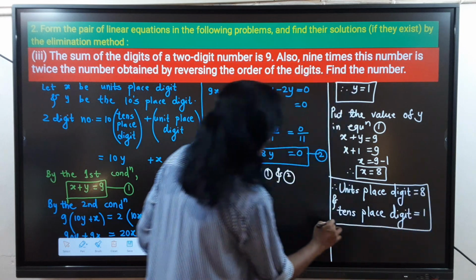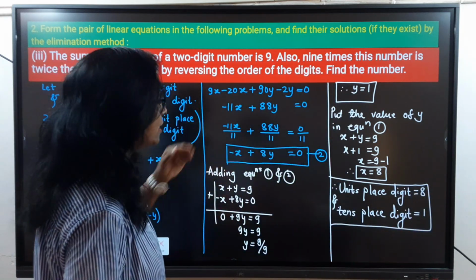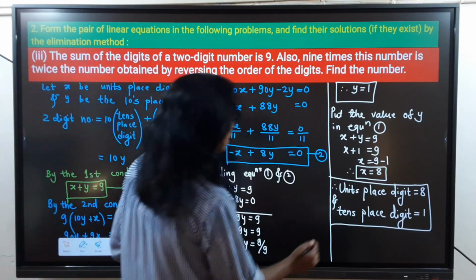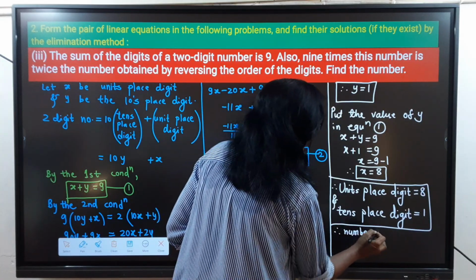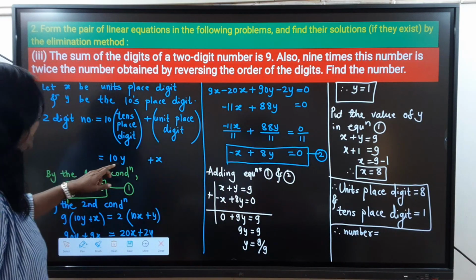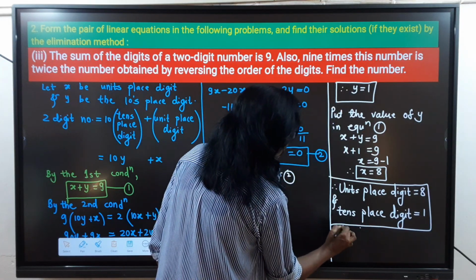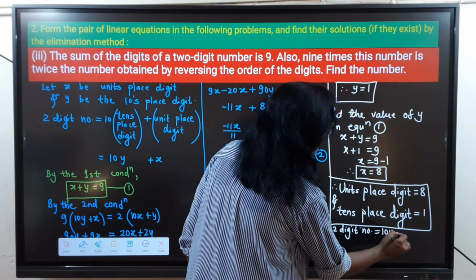Okay students, in such a way, by applying this condition we can solve such a type of example. But here, finally, the original number will be 10y plus x. That is a 2-digit number. I say that the 2-digit number is equal to 10y plus x.